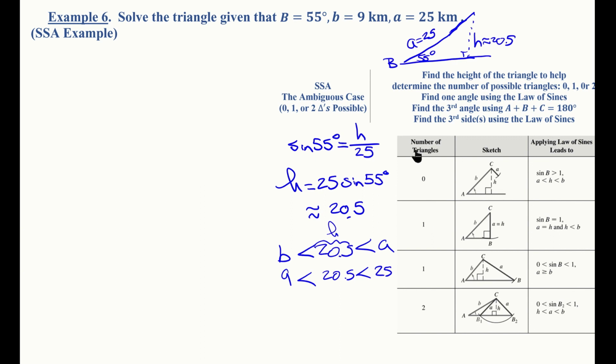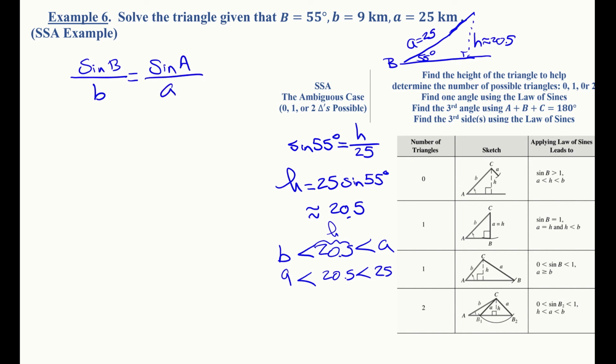Now, let's say you were being lazy and you didn't do the h test first, like I've been recommending so heavily. So if you just dived right in, you say, hey, I have A's and B's, I'm just going to do the law of sines, right? Let's see what happens if you did that. So you have sine B over b equals sine A over a.